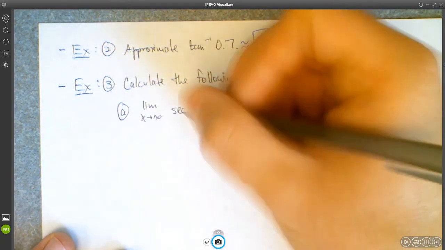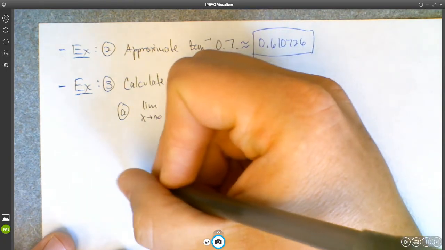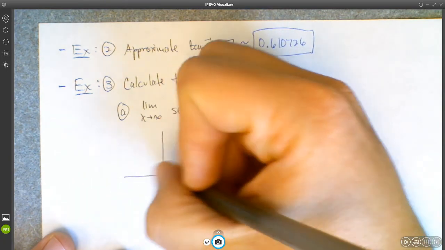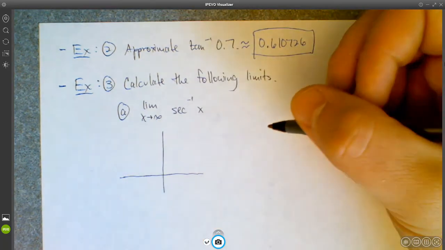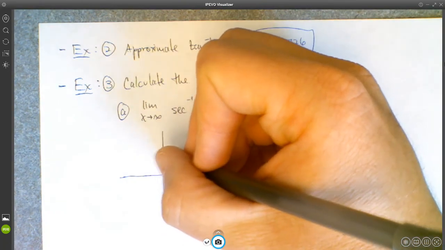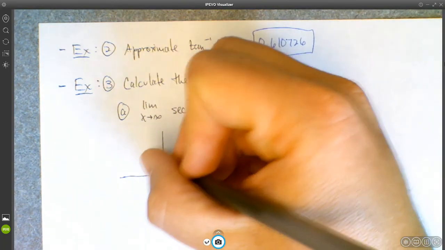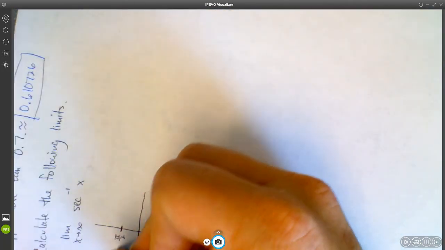The inverse is sort of tipped over on its side. So if you have a vertical asymptote at pi over 2 for the secant function, that means you have a horizontal asymptote at pi over 2 for the secant inverse function. I'm going to call this pi over 2, and I know that I've got a horizontal asymptote there.